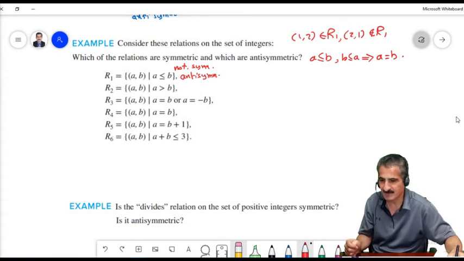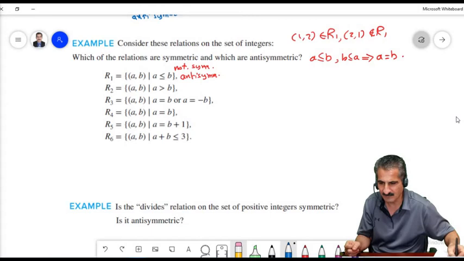Okay. What about R2? R2 is not symmetric. You can see that easily. Is it anti-symmetric? And it is anti-symmetric, yes.